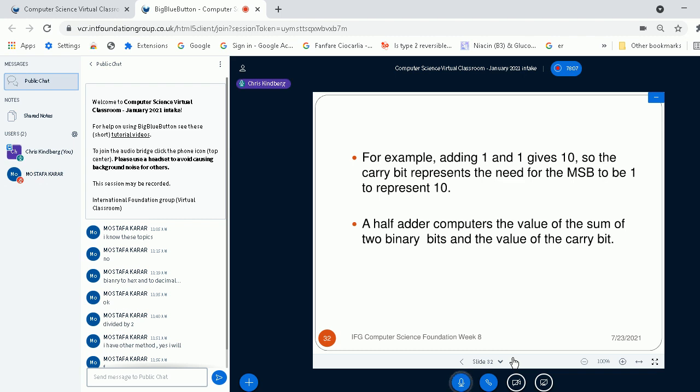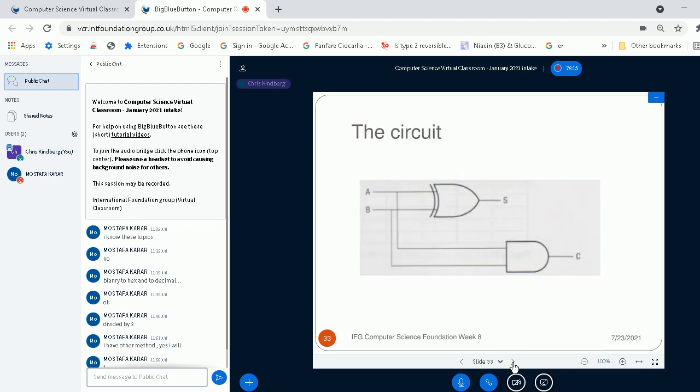A half adder computes the value of the sum of two binary bits and the value of the carry bit. And here it is. This is the circuit for a half adder. I think you will agree, after we've discussed it for a minute or two, that it gives us exactly what we need.